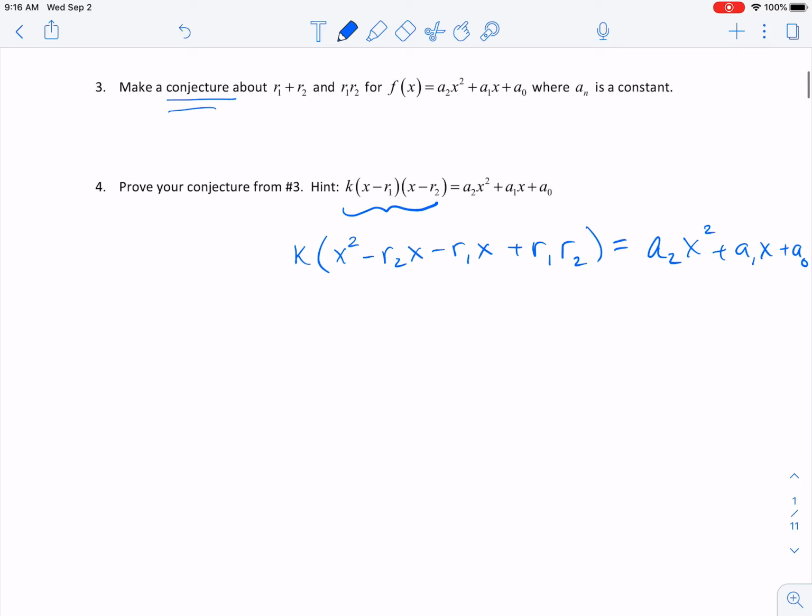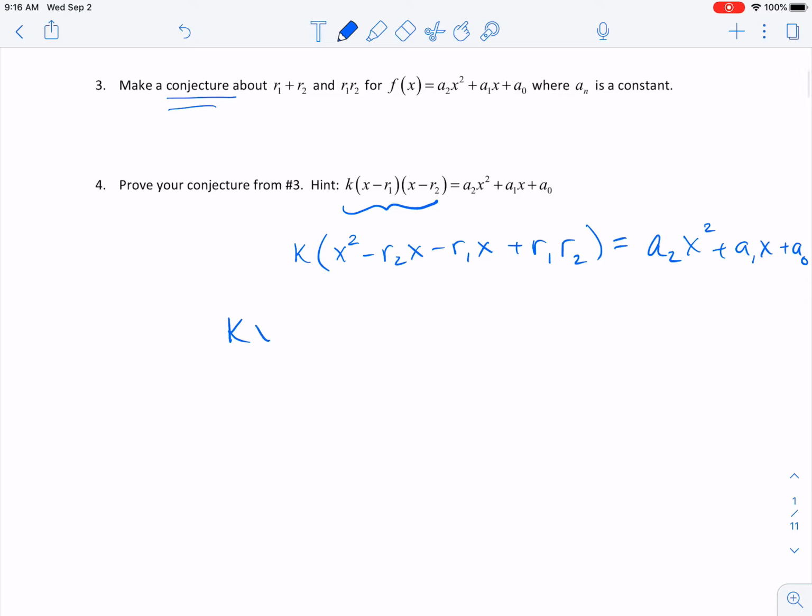Okay, so hopefully you paused and tried to get the proof done. I'm going to go ahead and finish this for you. This becomes kx squared, and then for the next two terms, I can factor out an x and that k. Oh, that's too many parentheses.